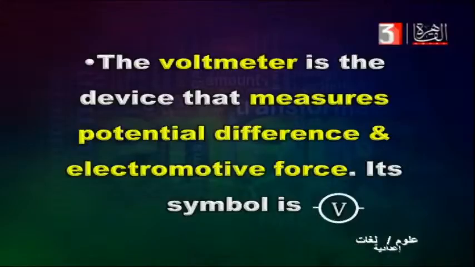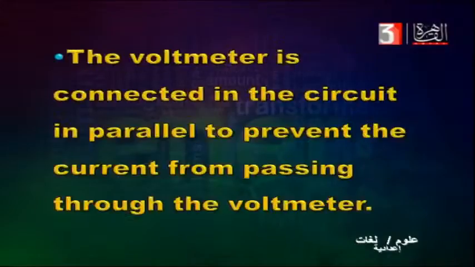Okay. Voltmeter is connected in the circuit in parallel connection. Why? To prevent the current from passing through the voltmeter, of course, to protect it from damage. To measure potential difference in the circuit without allowing electric current to pass inside it.